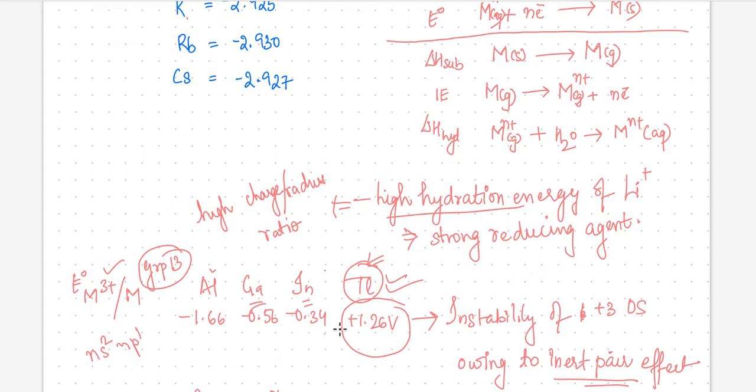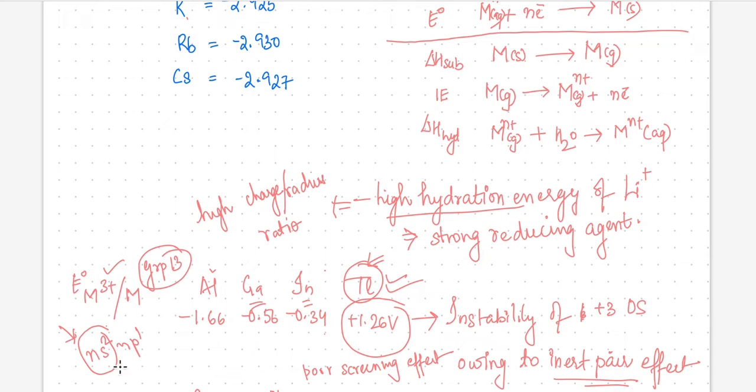As you go down the group, that is gallium, indium, thallium, because of the involvement of filled d and f subshells, which have a very poor screening effect, what I'm saying is they screen the nuclear charge very poorly. So the nuclear attraction is felt very strongly, especially for the ns electrons.